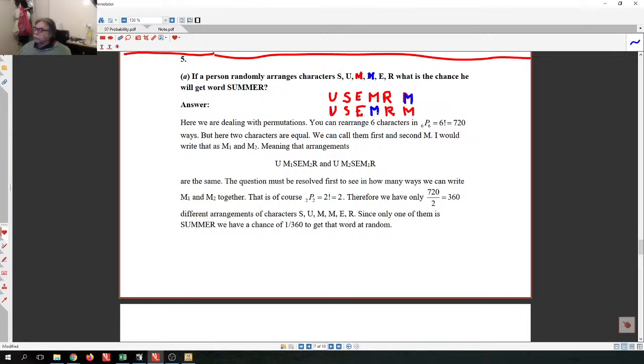It is the same combination of characters, but there are 2 different permutations here. So you have to be careful here.